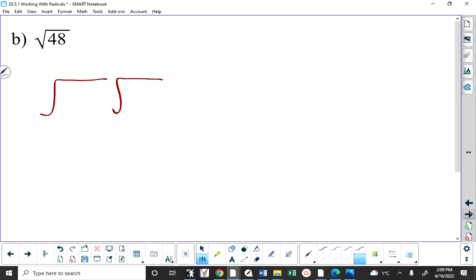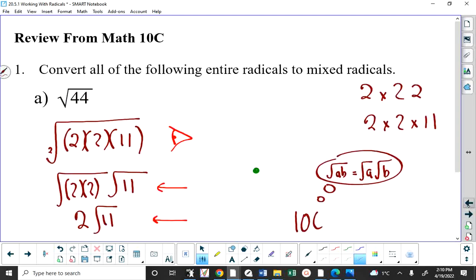Let's explore what happens here. 4 divides into 48, I believe, 12 times, yes? Okay. So then the square root of 4, this thing right here, is 2, so we're left with 2 root 12. But it says simplify. Well, it doesn't say simplify. It should say simplify your result.